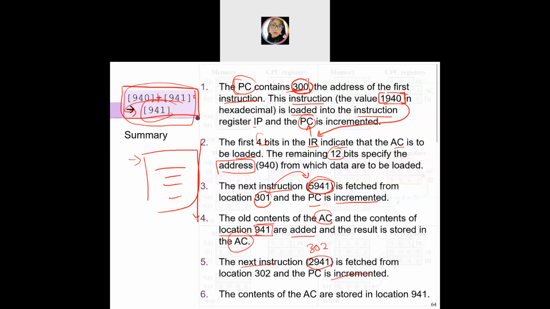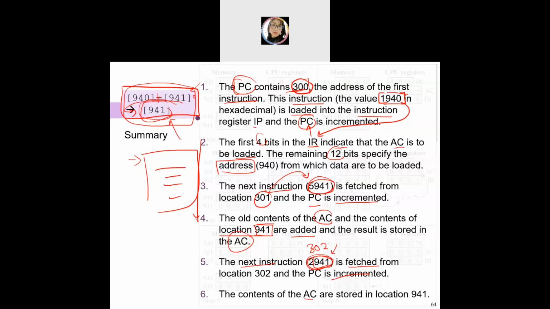It will be increased again, and you're going to fetch this data 941. So actually it will be mentioned that after you fetch these two, it will be stopped and stored back to the specific address that is given at the last.